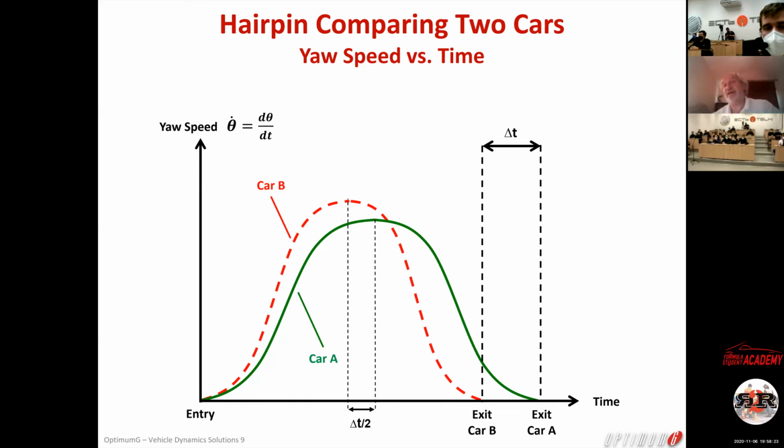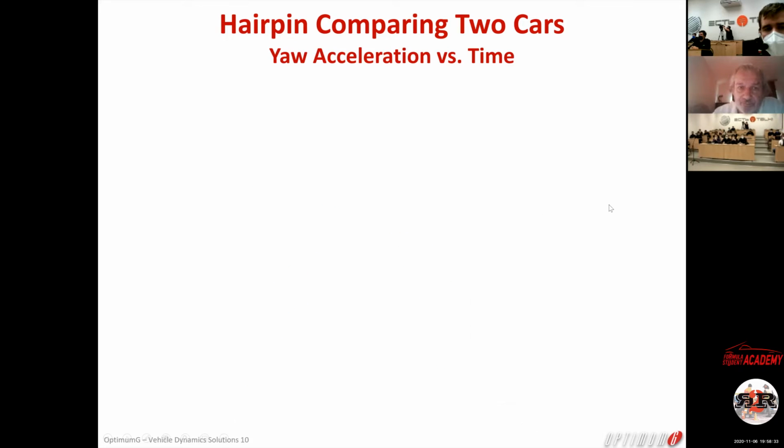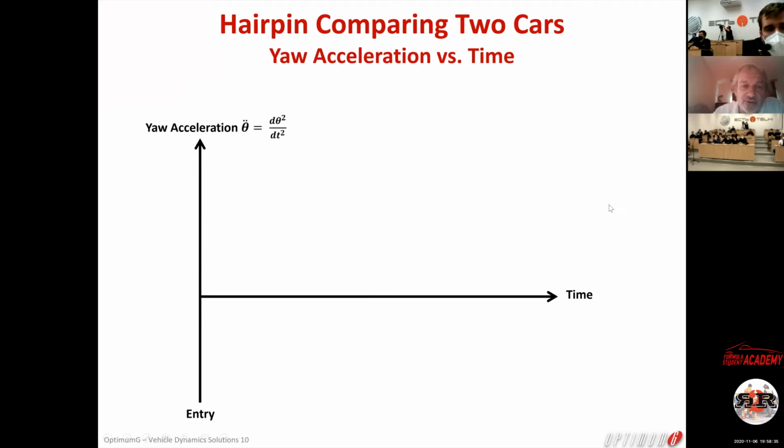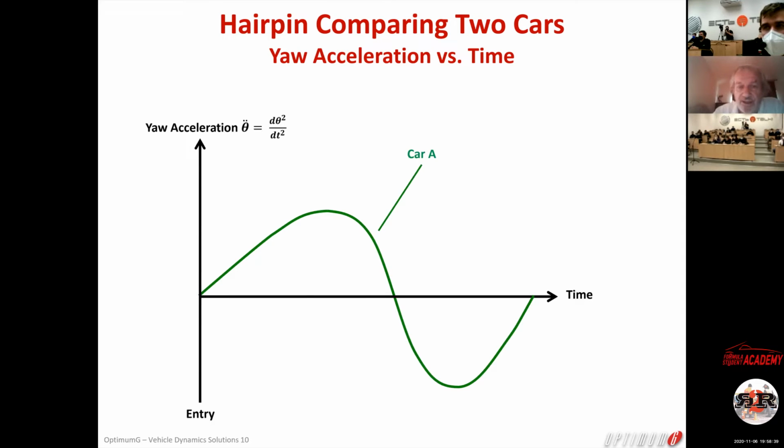Now, ta-da! Let's look at the slope of the red line and look at what we call the yaw acceleration, okay? So yaw acceleration is the derivative of the yaw velocity. And you agree with me that if you go on a hairpin, you're going to need more yaw velocity variation.